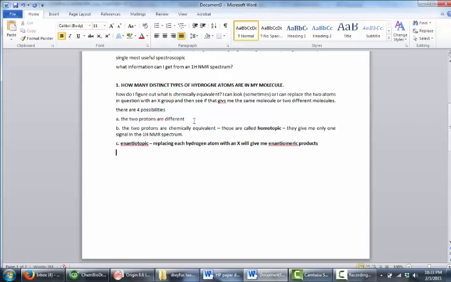My fourth choice is even a little bit more subtle than that, and this is something that's called diastereotopic. Diastereotopic hydrogen atoms are only seen in cases where there's a chiral center already in the molecule. I'm going to write that here as well: only seen where there is a chiral center already existing in the molecule.